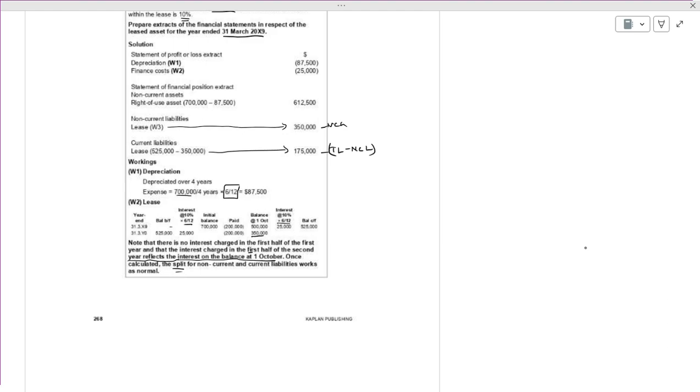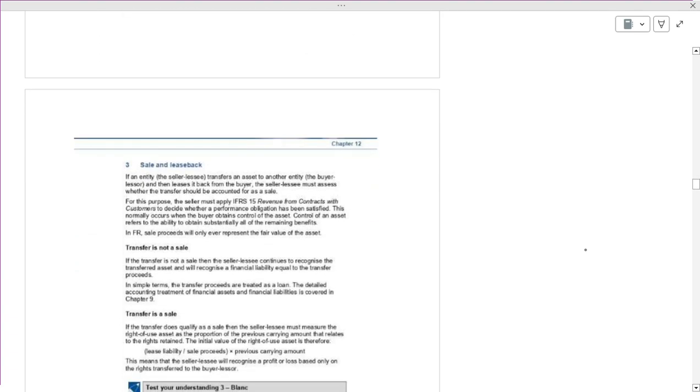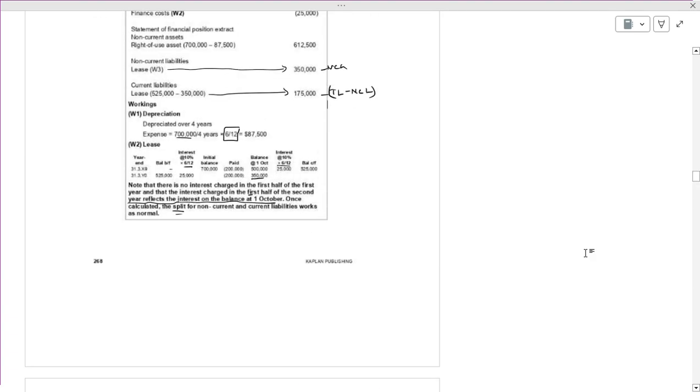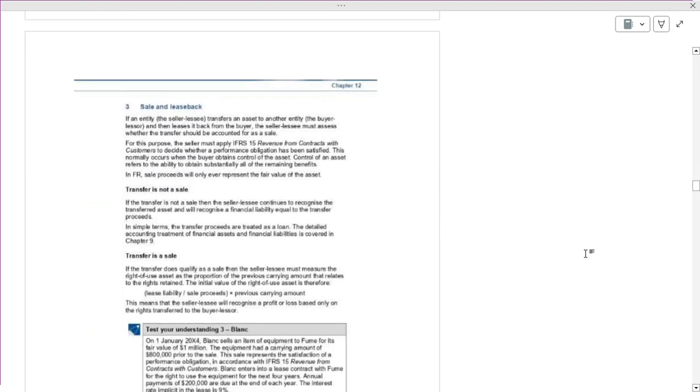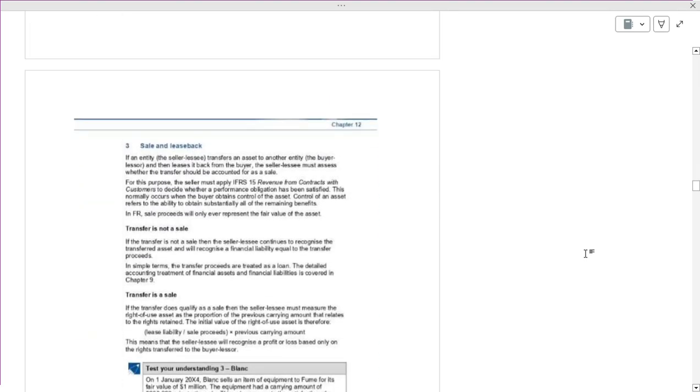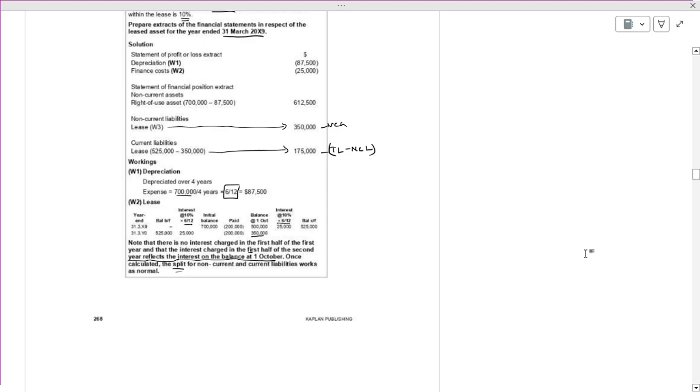The moment we do the second question, you will get more convinced about the procedure we have adopted, because if there is consistency, there will be good understanding. Fine. This is with respect to the mid-year lease. Now the second one, are you clear about this before I go to the next one?